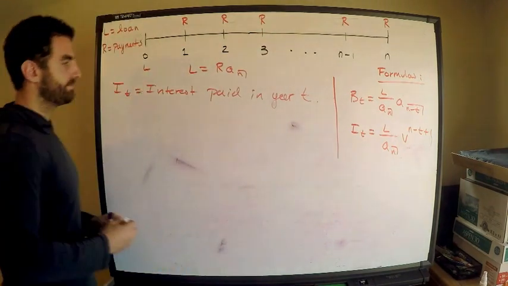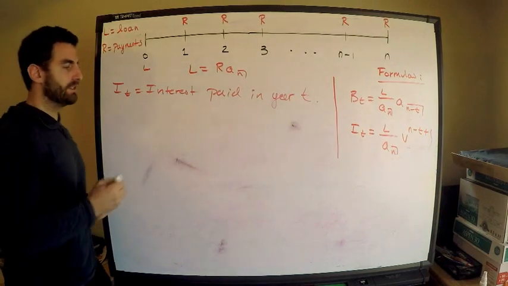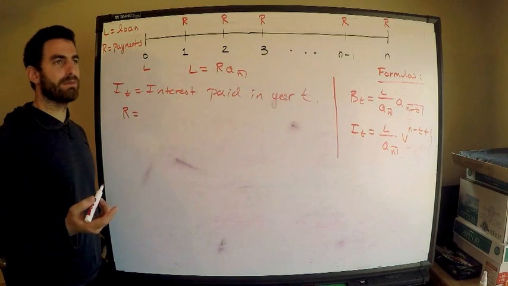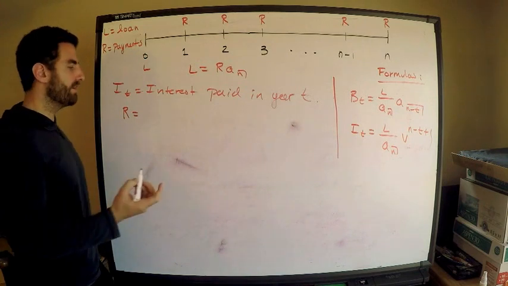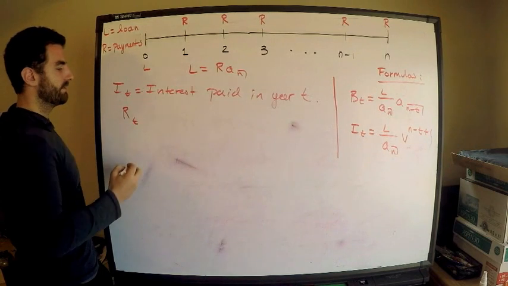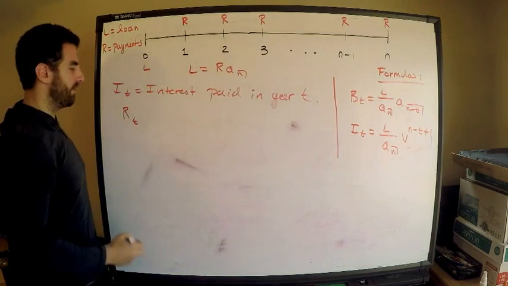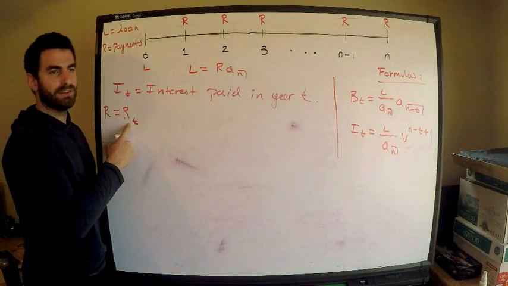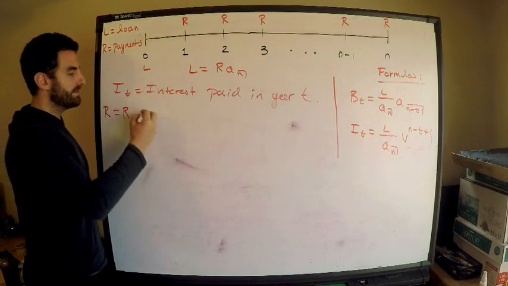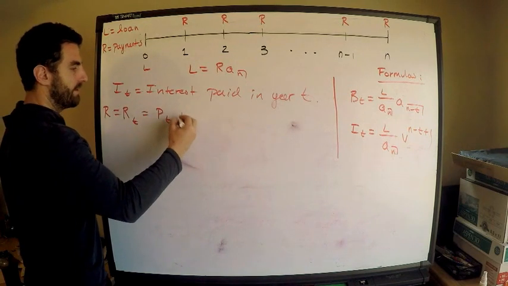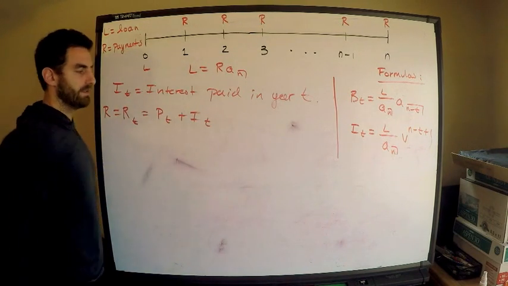Shouldn't your payment be part principal, part interest? Let's say R sub T is the payment in year T. It's the same as R, it's always R. This is equal to the principal paid in year T plus the interest paid.